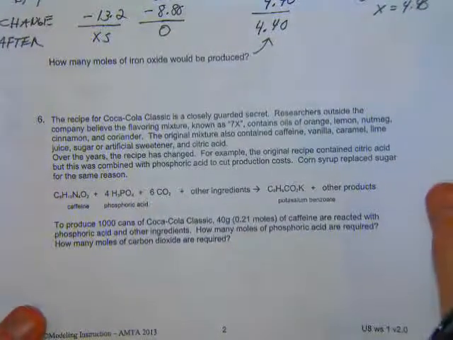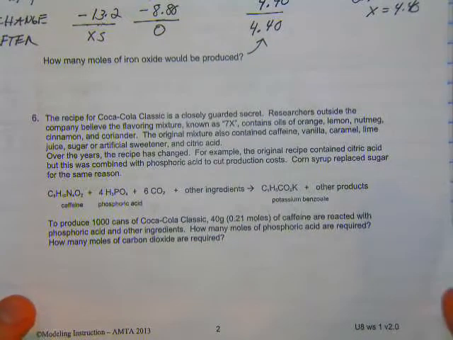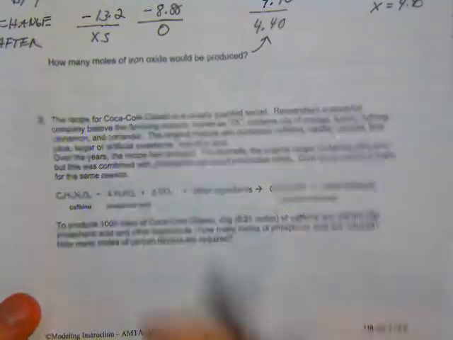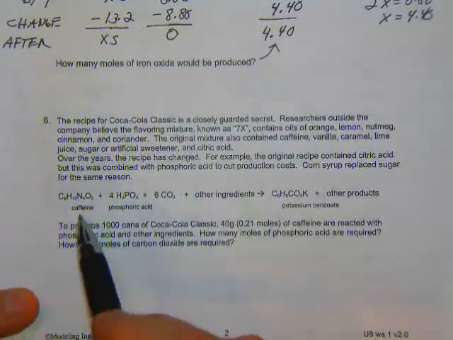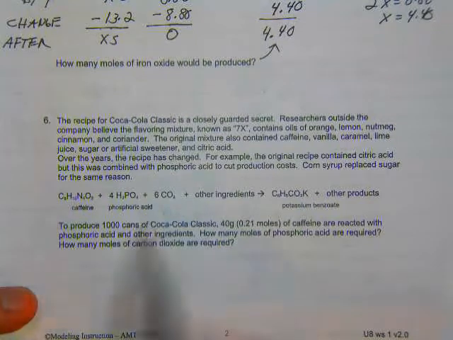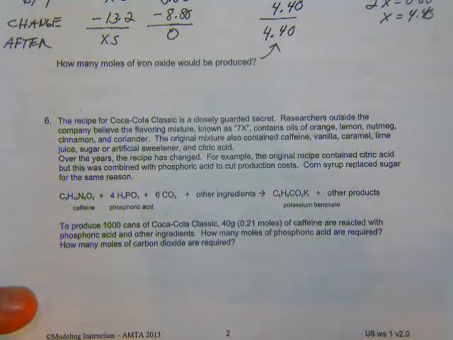Alright, let's look at the very last one here. And again, I'm not going to read through this whole thing. We are given the equation for, I guess, Coca-Cola Classic. And so we can go through and do our before and our change and our after.